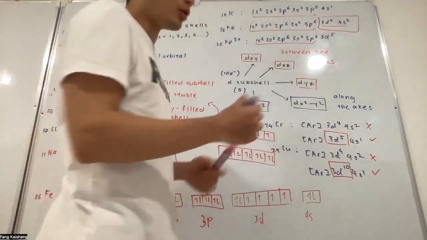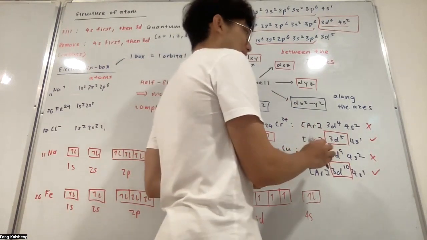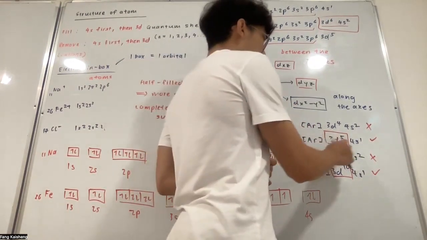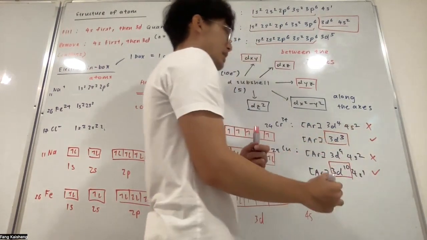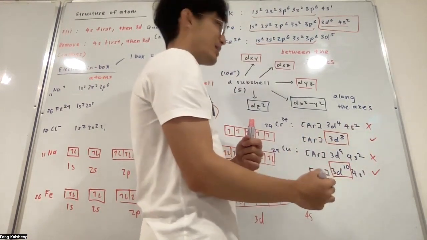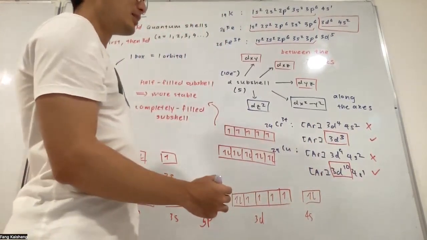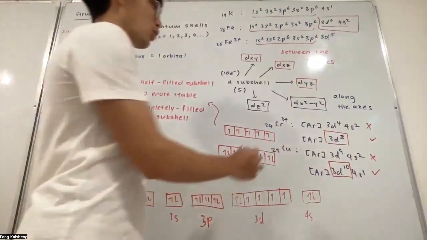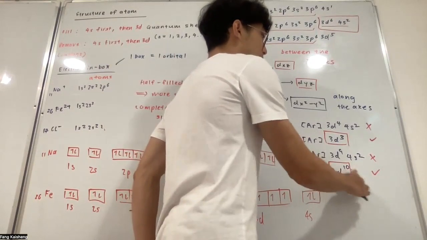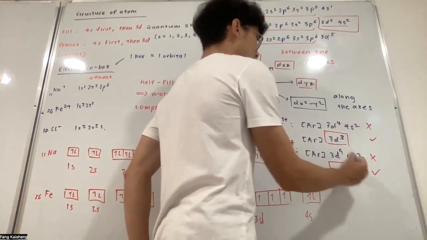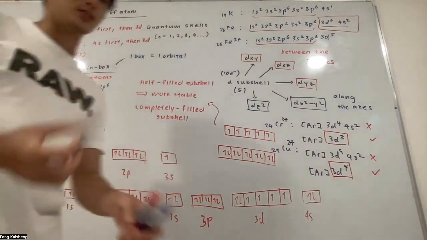So if you want to do chromium 3 plus, you'll be what? Good. So 1 over here gone, 2 over here gone, so 3d3 actually. I think you made a mistake there. 3 plus, so you remove 3 electrons. How about copper 2 plus? Again, good, 3d9. 1 here gone. So you still follow the rules where you remove 4s first and 3d after. This one's just a matter of practice.